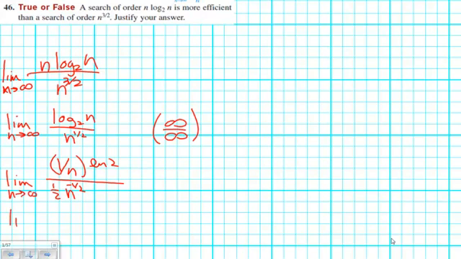You know what? I would like to clean this up a little bit. I would like to clean this up by really thinking of this as n to the negative 1, natural log 2. This 1/2, I'm going to take that 2 up there. And this n to the negative 1/2, I can take up there and make it an n to the 1/2.